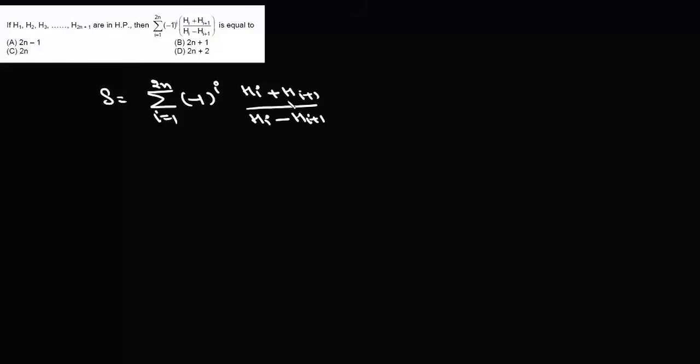Now what we'll do is we'll divide numerator and denominator with Hi Hi plus 1. So we can write this summation as summation i varies from 1 to 2n of minus 1 to the power i into 1 upon Hi plus 1 plus 1 upon Hi, upon 1 upon Hi plus 1 minus 1 upon Hi.